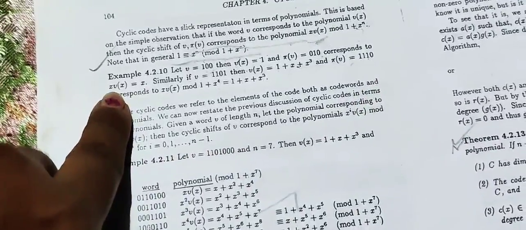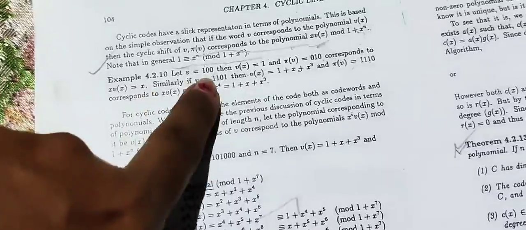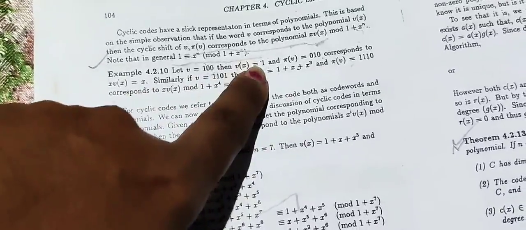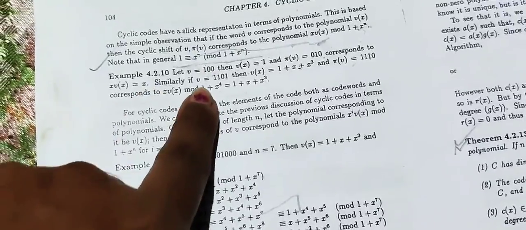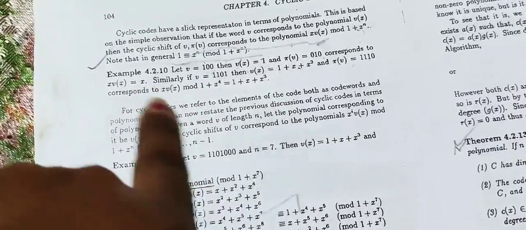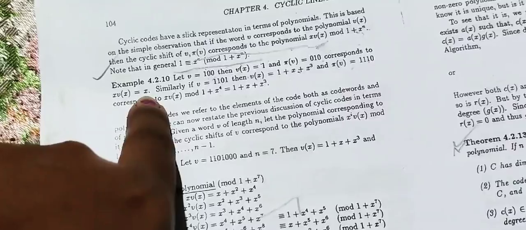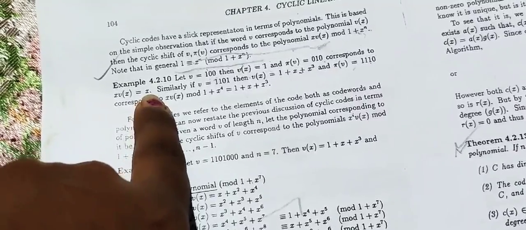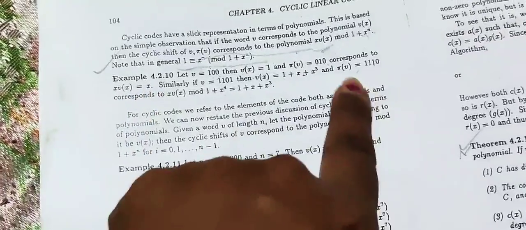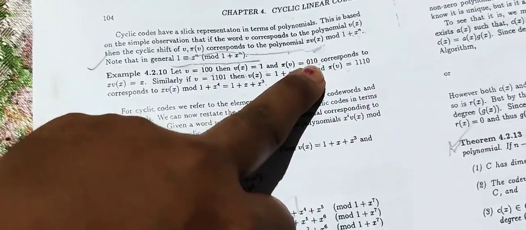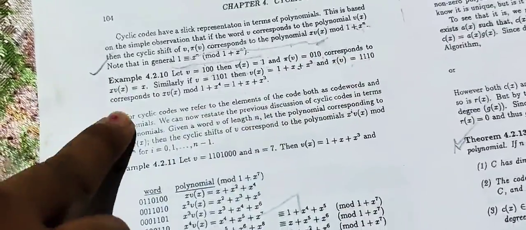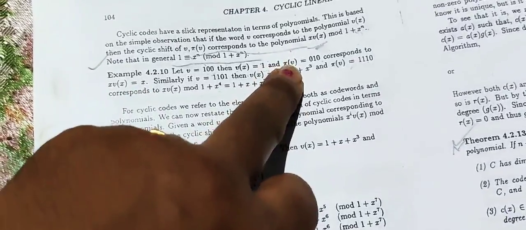And x v(x) is what? v of x is 1, so x into v of x is x. Now pi of v corresponds to x v(x).